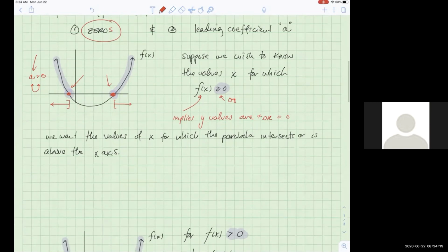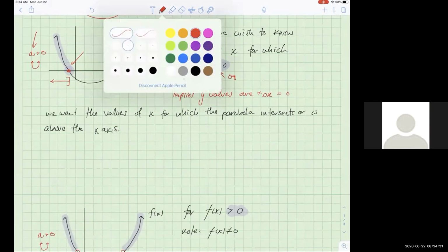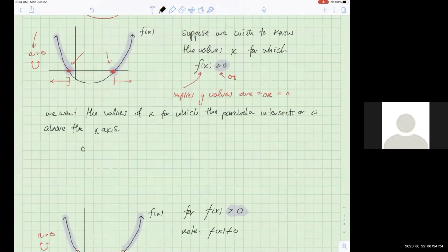So here, our answer is an interval. And we must write our answer in interval notation.